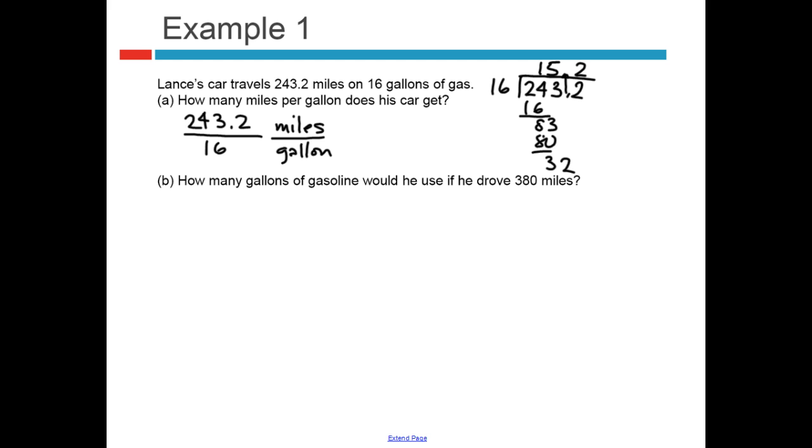I float the decimal point up to give me tenths, so this will be 15.2 miles per gallon.